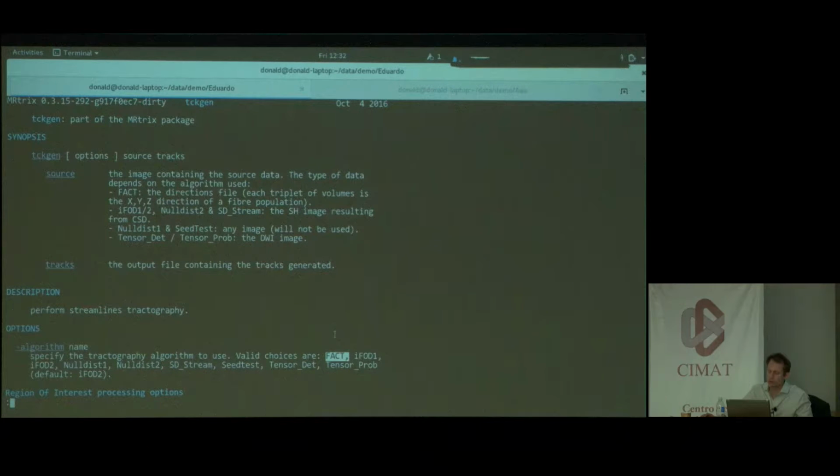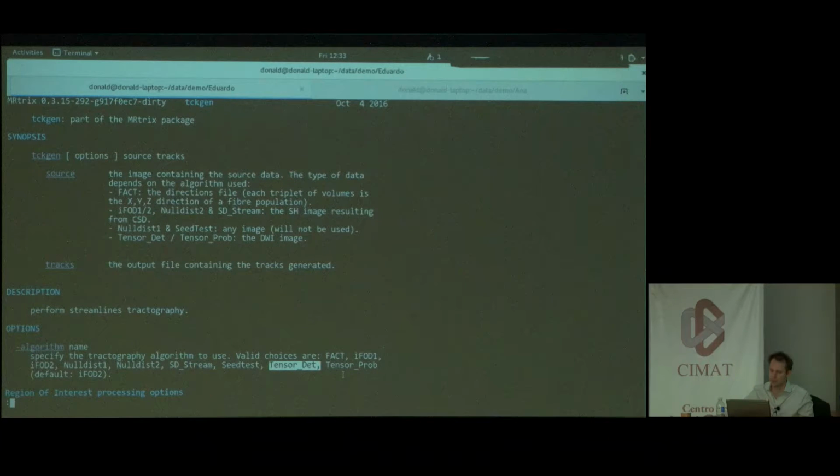Fact is the standard 1999 tensor tracking. It means that you have to give as your source data, not the FODs, but the DWI data directly. And that does no interpolation on the input data.